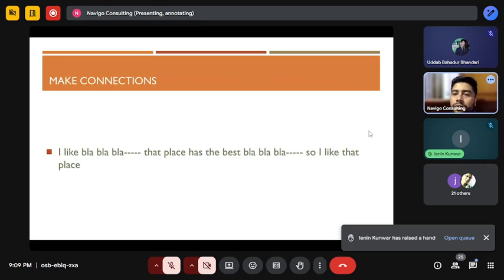So if you are talking about some place, to make connections you say, I went to that place, I did this, I did that, and I like that place very much. This place has this, so I like that place very much. You are going to make connections like this. If you know how to make connections, you are going to speak for a longer period of time, and you are going to speak more, right?